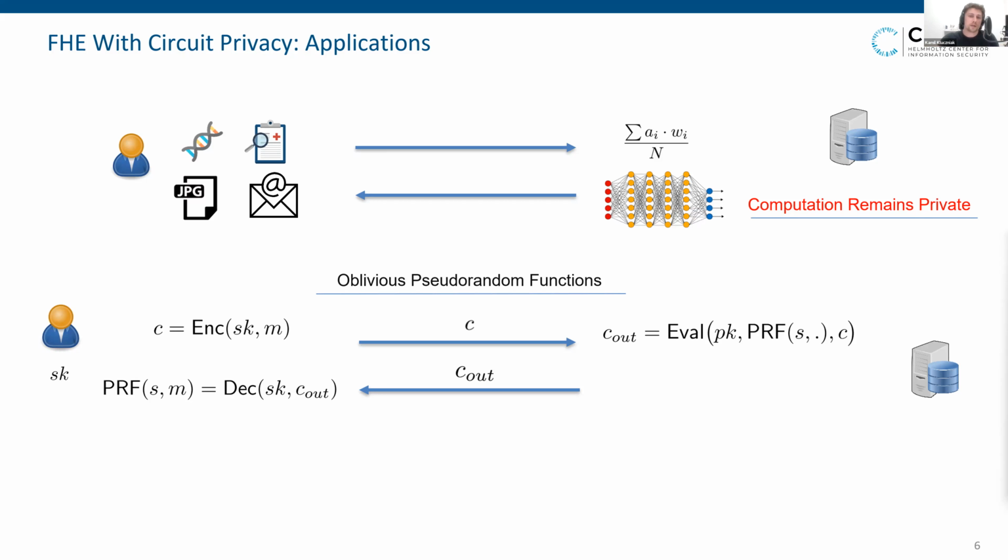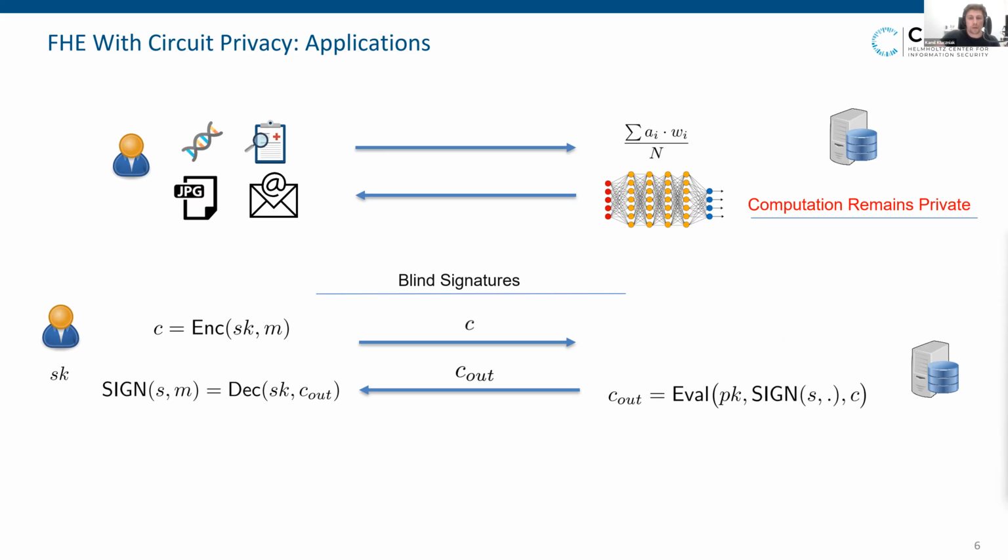On the other hand, the user doesn't learn any information about the secret seed S. And similarly, we can do this with blind signatures. The user message is encrypted and the server's secret signing key doesn't leak.